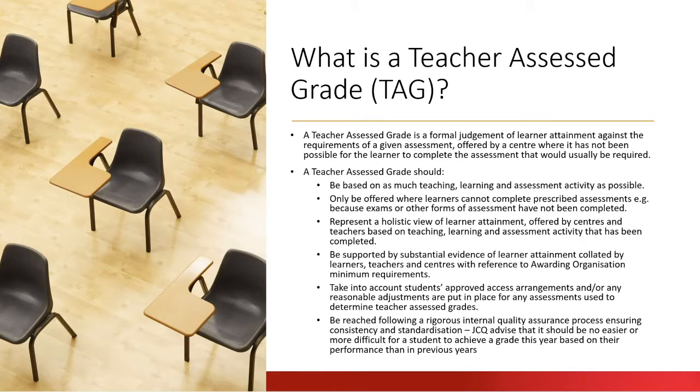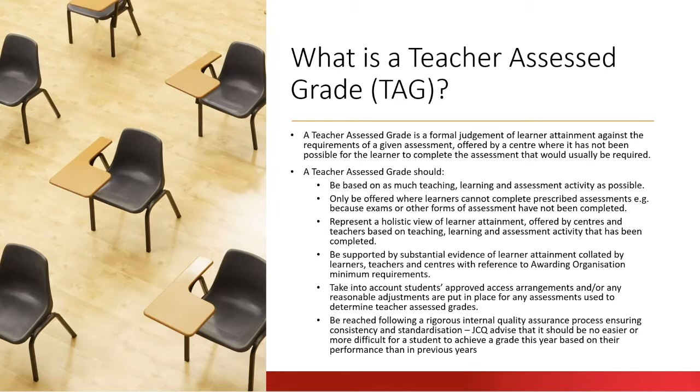We need to make sure we have substantial evidence about that learner's attainment, and that we are complying with the awarding organisation requirements. We must make sure that we take into account any approved access arrangements, and any reasonable adjustments will be put in place, absolutely. And we have a process for making sure that we are aware, if we're not already, of any approved access arrangements.